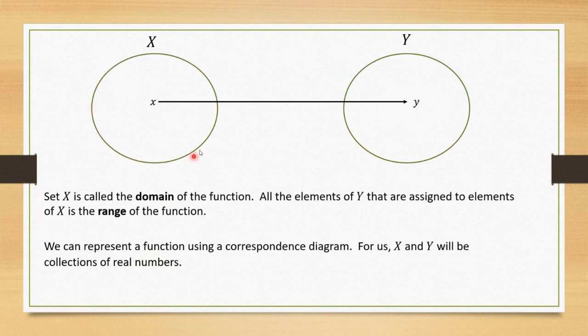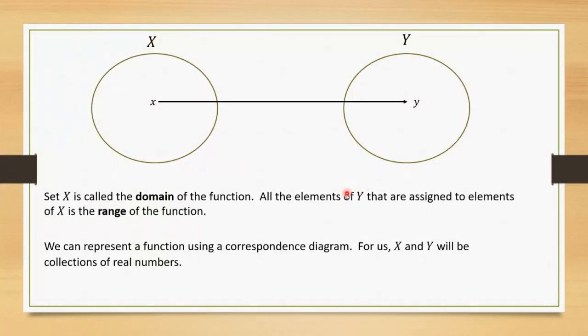The set of all your inputs is the domain of the function. The set of all your outputs is the range of the function. The entire set y doesn't have to be the range. It can be, but it doesn't have to be. The range is going to live in set y.